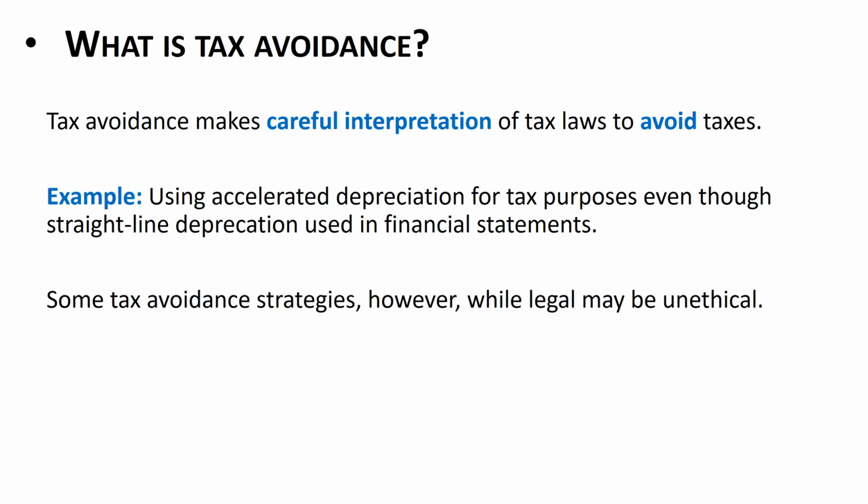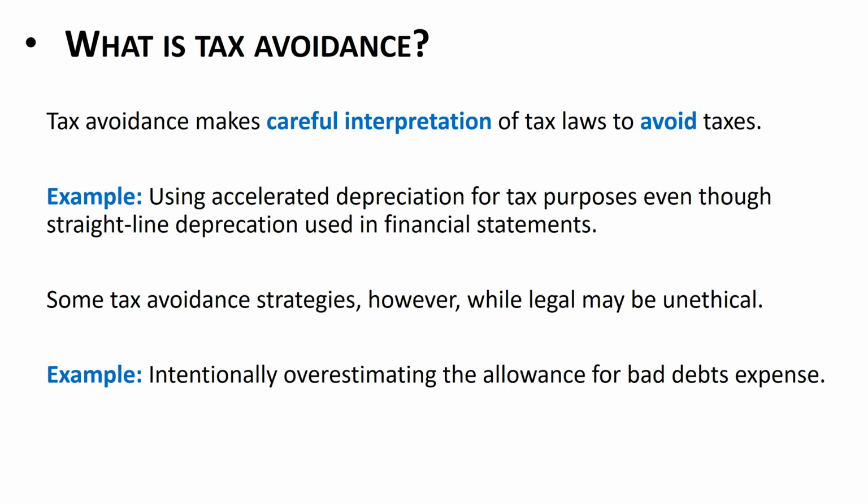Some tax avoidance strategies, however, while legal, may be unethical. It's not illegal, but you are intentionally doing something that you know is not right. Example, intentionally overestimating the allowance for bad debts expense, so you get to show a higher level of bad debt expense to bring your income down and taxes down. So you know the estimate you are making is too much, but you know it's allowed under the rules, would be a question.